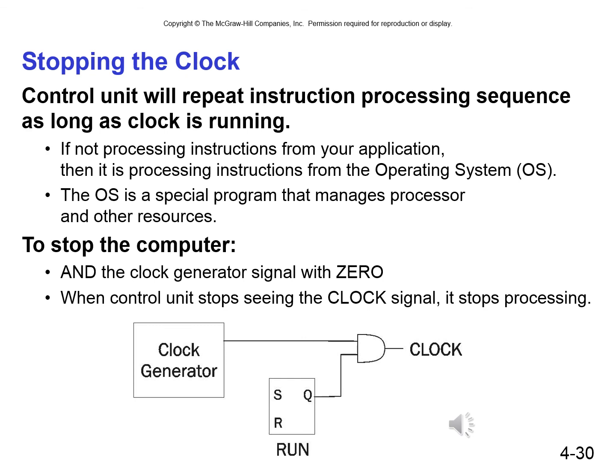The clock generator signal needs to be 0. When the control unit stops seeing the clock signal, it stops processing. Stopping the instruction cycle requires only clearing the run latch in this diagram. If the run latch is in the 1 state, i.e. Q is 1, the output of the computer's clock circuit is the same as the output of the clock generator. If the run latch is in the 0 state, the output of the clock circuit is 0.